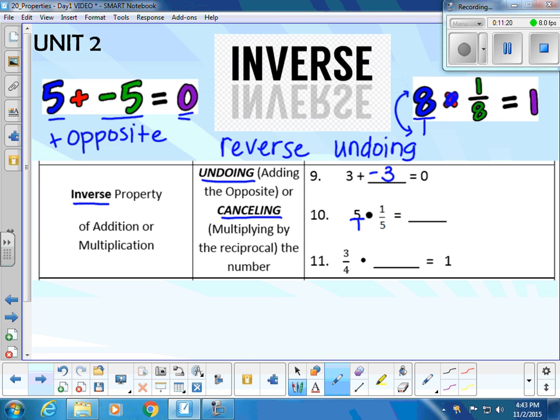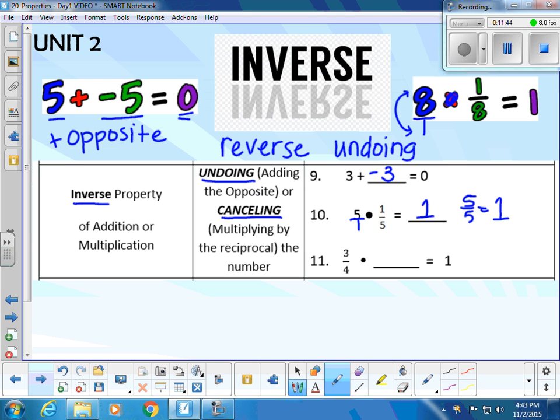If we look at multiplication, 5 over 1, we're multiplying by its flip or its inverse, its reciprocal, which is 1 over 5. That would give me 5 over 5, because 5 times 1 is 5, 1 times 5 is 5, and anytime we have 5 over 5, the answer, or the product, is 1. 5 divided by 5 is 1.